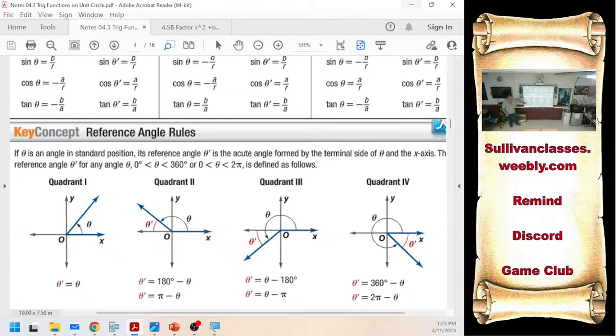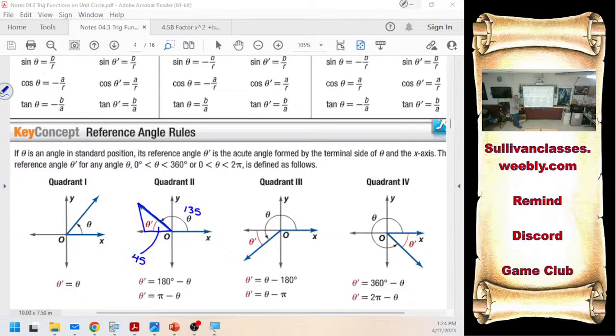So if I'm in quadrant 1, it is what it is, right? 45 is 45. But 135 degrees would have a reference angle formed with the x-axis. So its reference angle would be 45, even though the angle itself was 135. Okay? The positive acute angle formed with the x-axis.